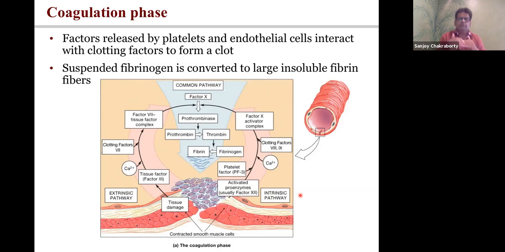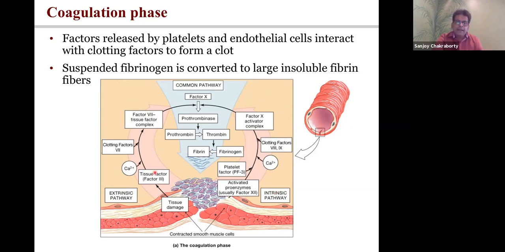It's outside the blood. It could be from the blood vessel, which is considered outside the blood, the cells in the blood vessel. Intrinsic means those factors are in the blood. Extrinsic means outside, intrinsic means inside. So it actually begins with extrinsic first, and then immediately after, the intrinsic takes care of it.